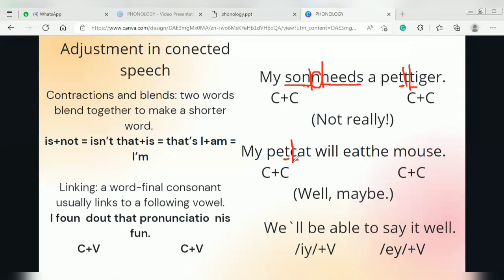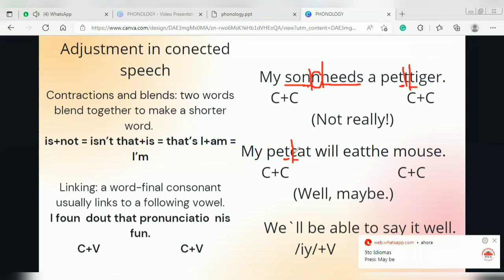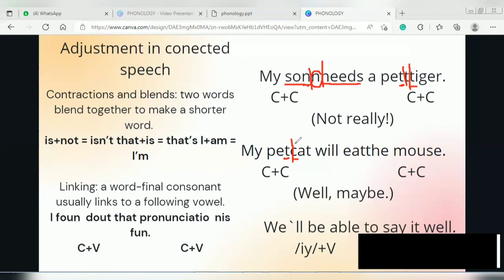These are stop sounds. And when we have this type of words, the second consonant sound is stronger than the first. For example, the pronunciation of this is my pet cat, and that t is weaker than the k sound.